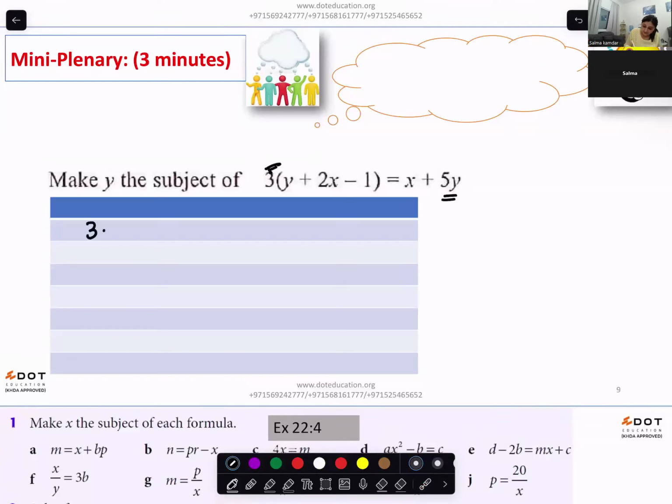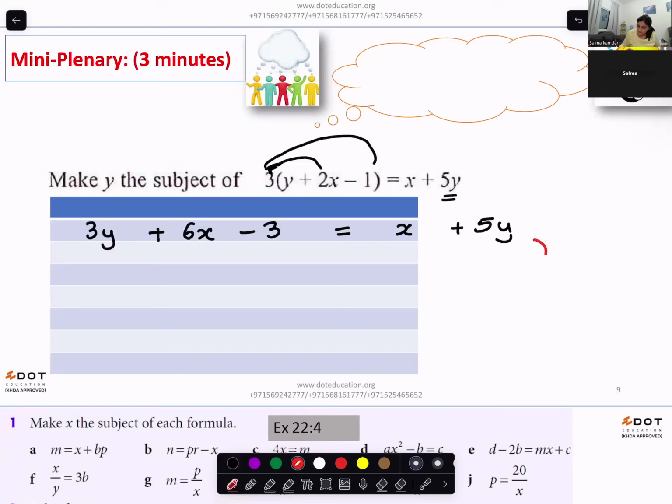So this will become 3y plus 3 times 6x minus 3, which is 3y plus 6x minus 3. This will become x plus 5y. I need y to be the subject. That means I want y to be on one side. If I want y on one side, I will remove everything else.